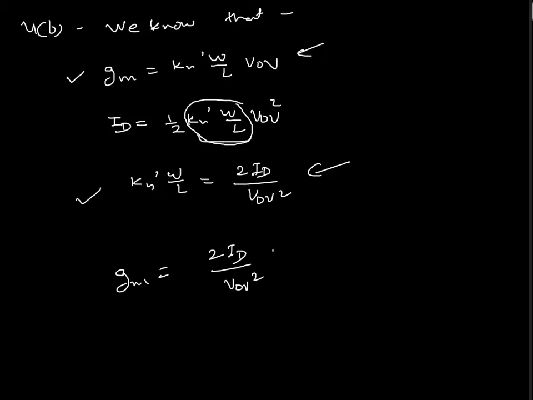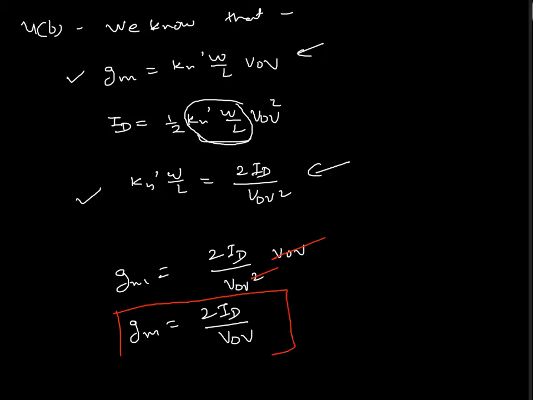Now this VOV will be cancelled by one of the VOV in the square, so I can write the transconductance gm equals 2ID by VOV. This is the final answer. We have expressed the transconductance in terms of the drain current and overdrive voltage.